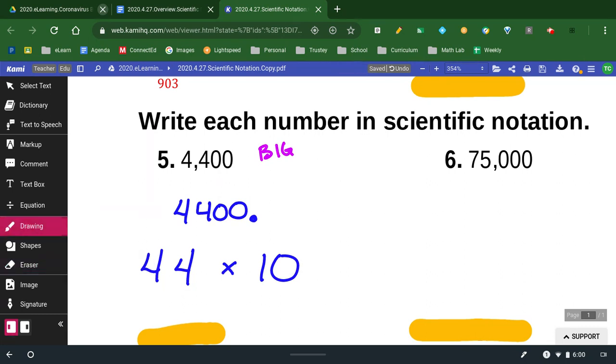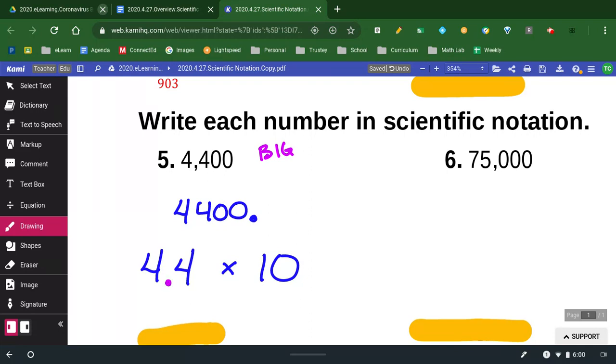Now, if I take a look here and ask myself, where could I put this decimal point? Well, if I put it right here, 44 is too big. If I put it to the left, 44 hundredths is too small.